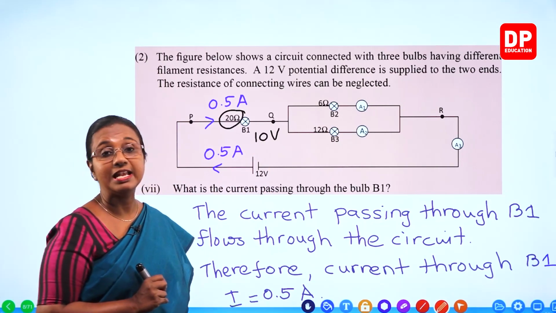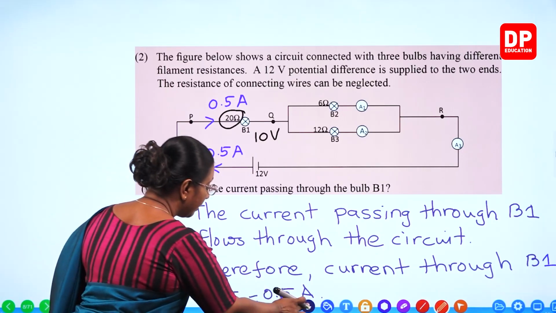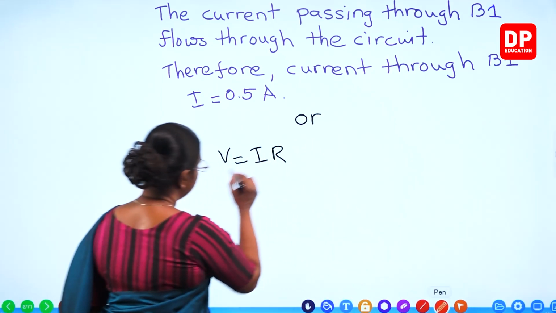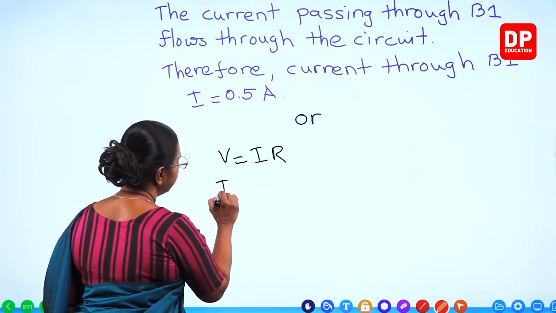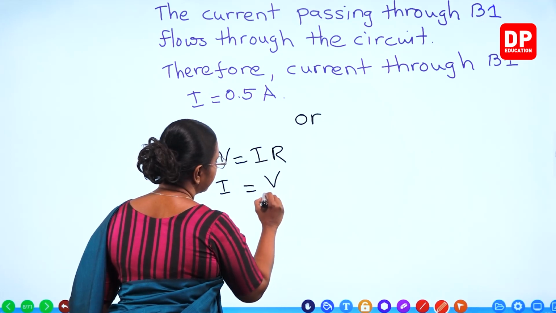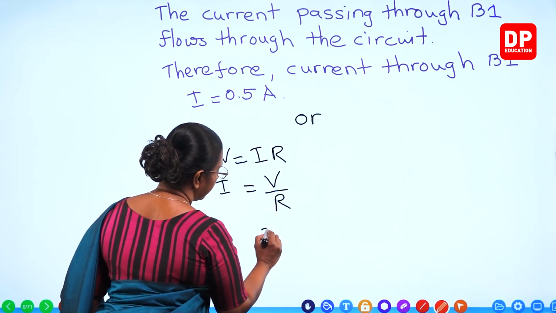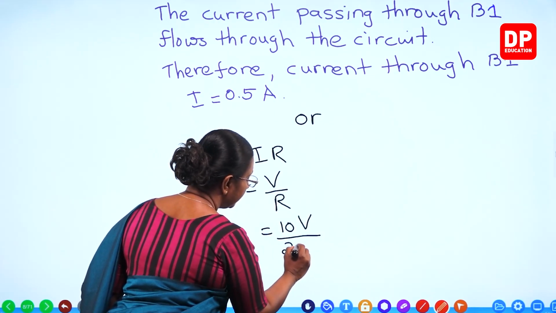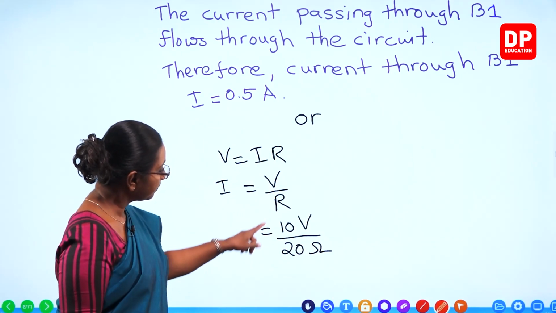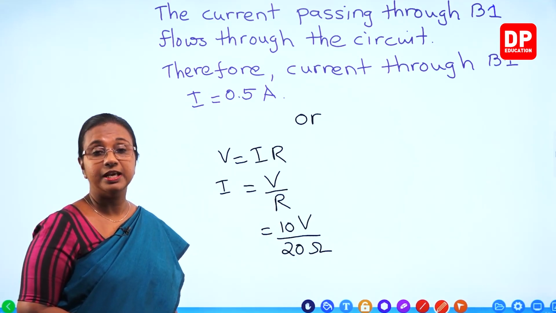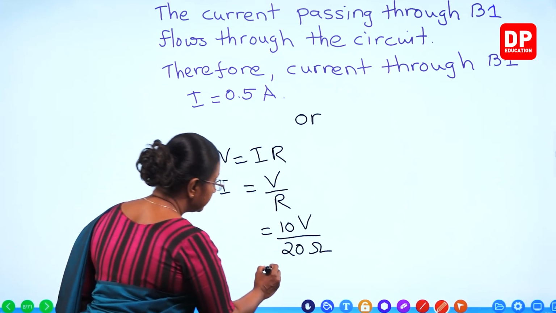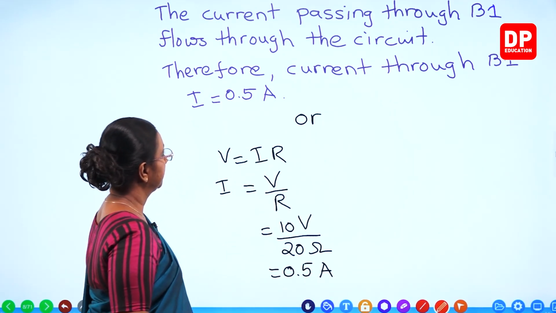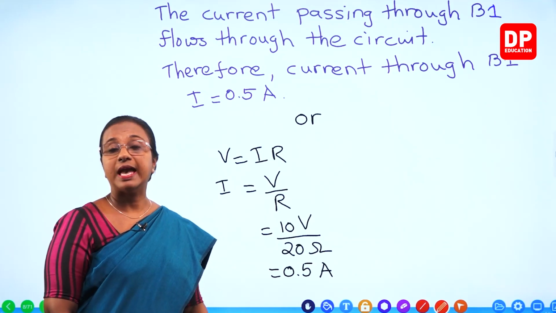You have to use the value 10 volts. So to calculate it, you can use the equation V equals IR. We need to find I, that is equal to V over R. V is 10 volts. R is 20 ohms. So 10 over 20, 1 over 2, that is equal to 0.5 amperes. So that way also you can find it.